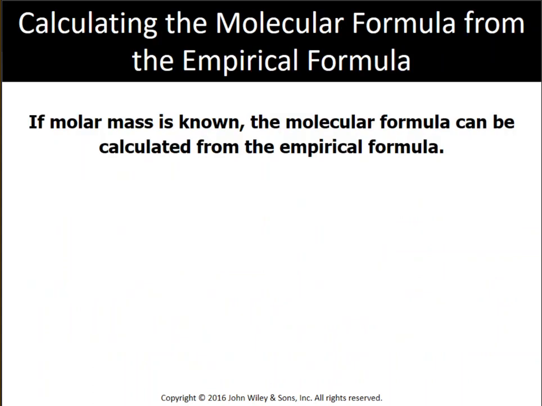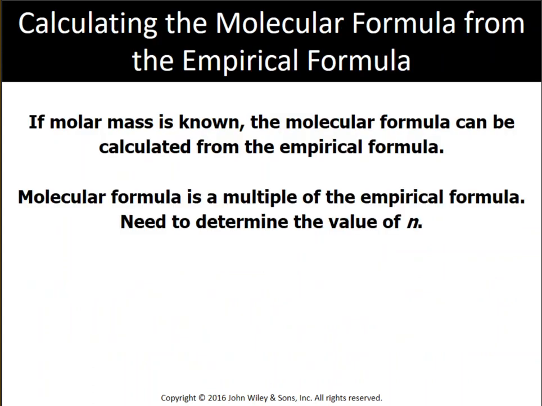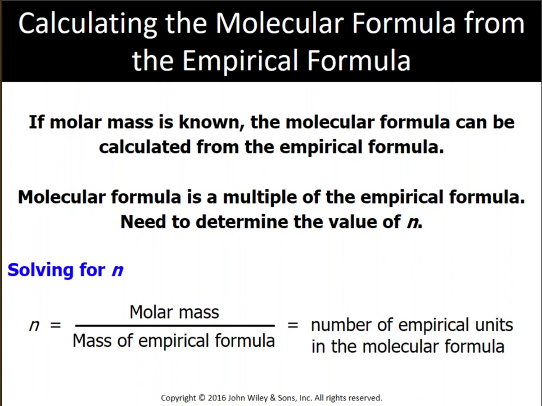So let me show you how we can find this. Our goal is to find the number of empirical formula units. And the way we're going to do that is by dividing the molar mass of your compound, which will be given to you, by the empirical formula mass. That will give us the number of empirical formula units. And then if you have the empirical formula units, you can find the molecular formula.